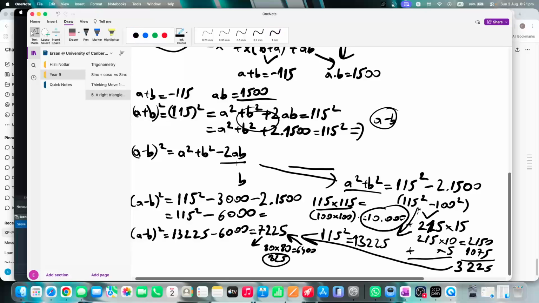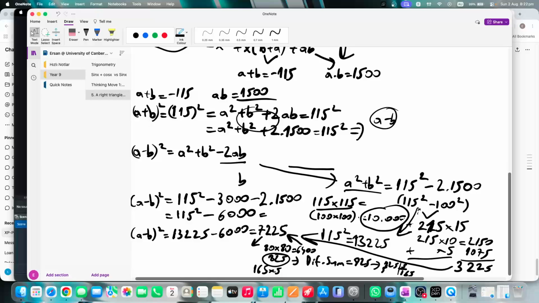I'm going to multiply two terms, and the difference plus sum will give me 825. This is divisible by 5, so if I divide it by 5, it gives me 165. So this is basically 165 times 5.